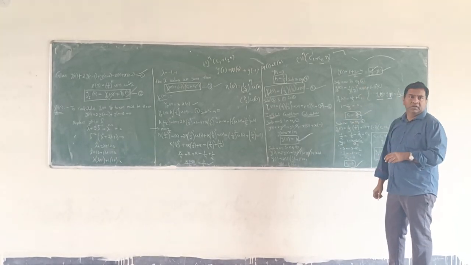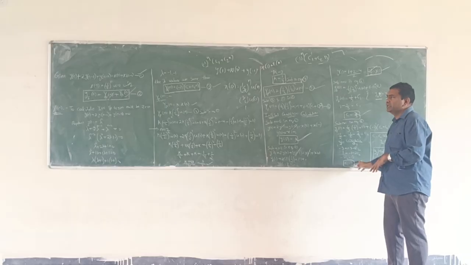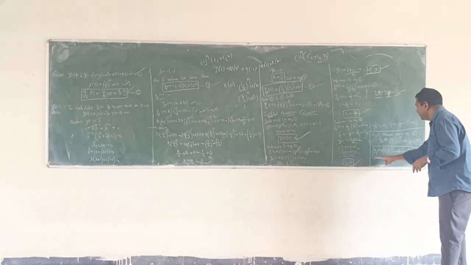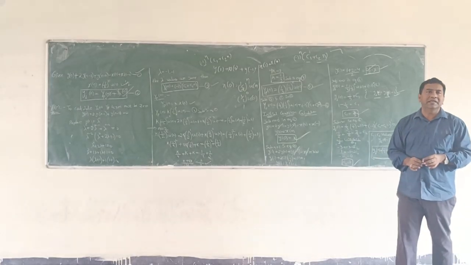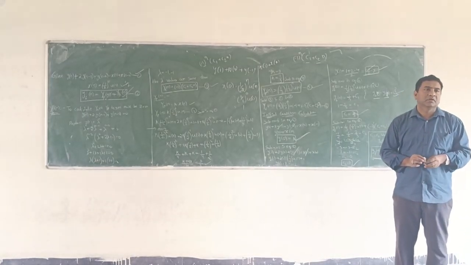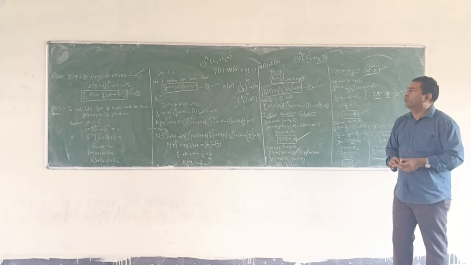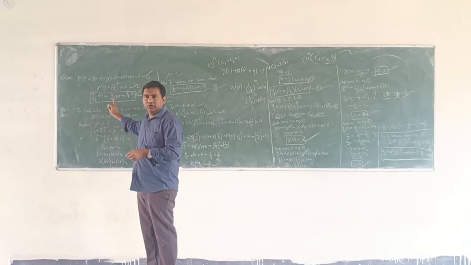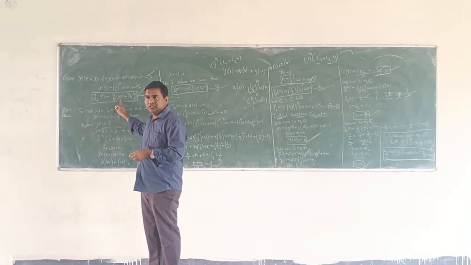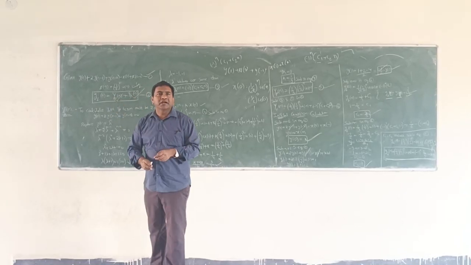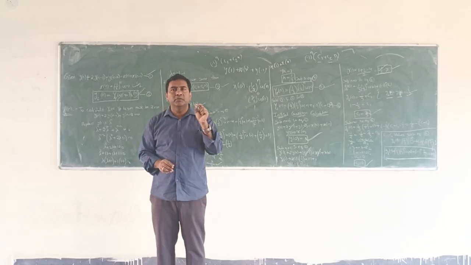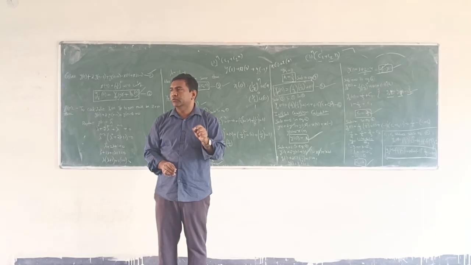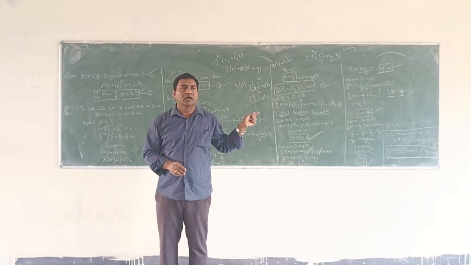If you substitute these c1 and c2 in the main equation, you are going to get the equation for the forced response of the given system. What is the definition of the forced response? It is a combination of the particular solution plus the homogeneous solution. In order to calculate the homogeneous solution, the input should be equal to 0. Then you have to find the roots and everything. So this is about the forced response.